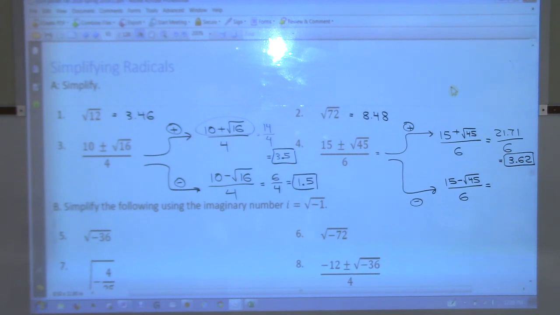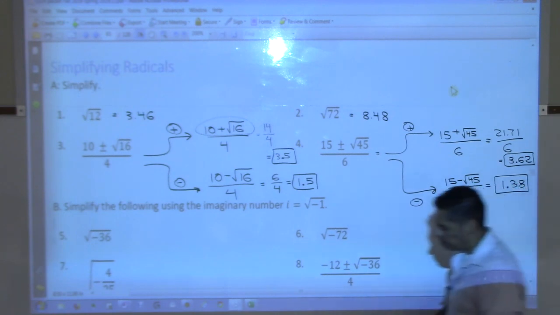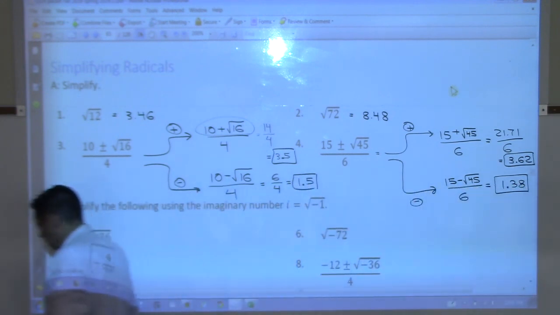I keep messing this up. What are y'all getting here? 1.38. Okay, so at home when you start doing these, just practice.